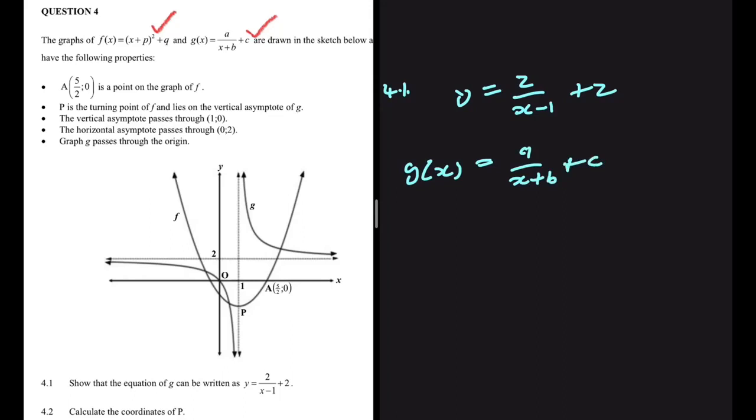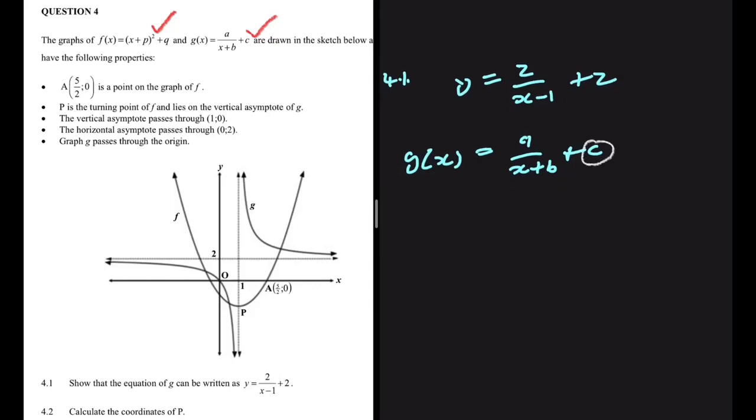As you can see from the format of this function, it is a hyperbola, right? It has a vertical asymptote and a horizontal asymptote. Those are the things we're going to use to answer this question, because we know that for a hyperbola, c is your horizontal asymptote, while x plus b equal to 0 will give you your vertical asymptote.